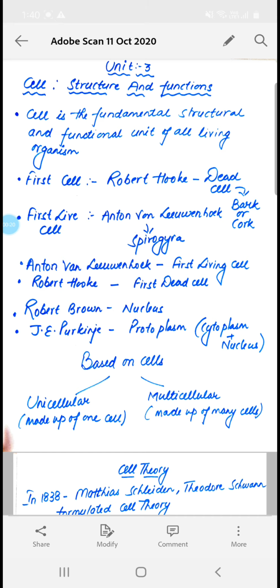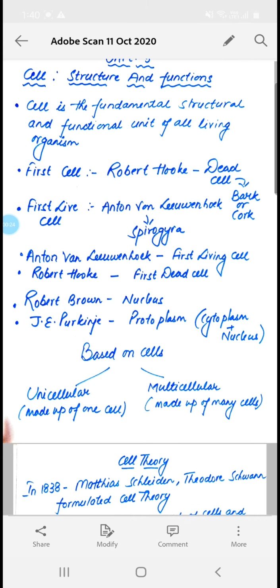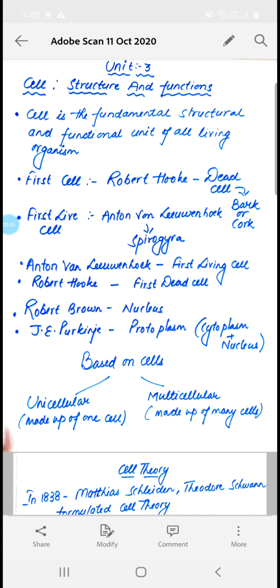Before starting the unit, I must tell you that this unit is very important for your exam purpose, as well as this unit will move along with you in your higher classes also. आप कोई भी higher classes में जाओगे, either being a medical student or a biology student, this unit is very important, as it will be used when you join some medical courses or in simple BSc also.